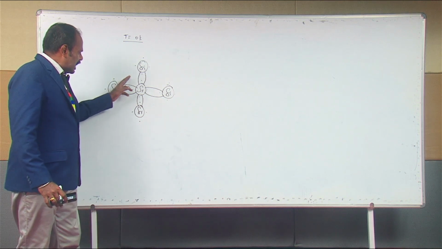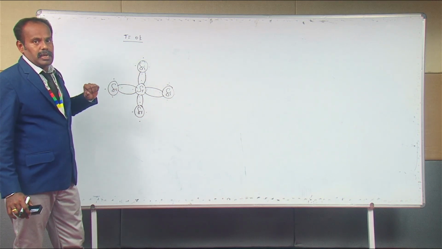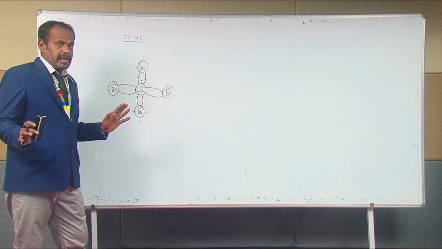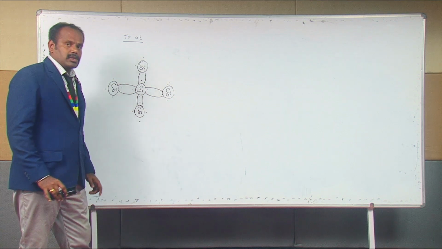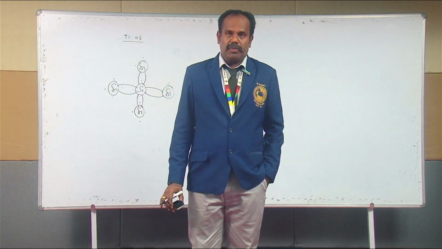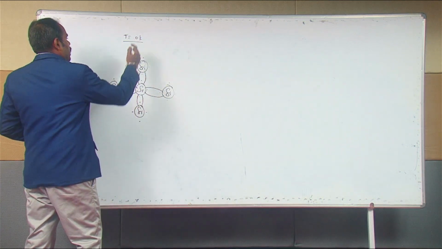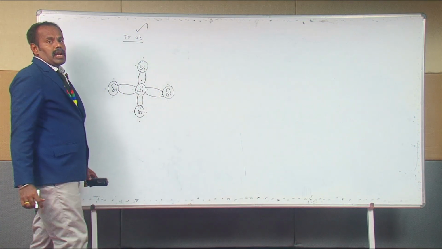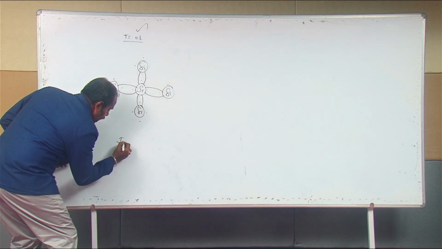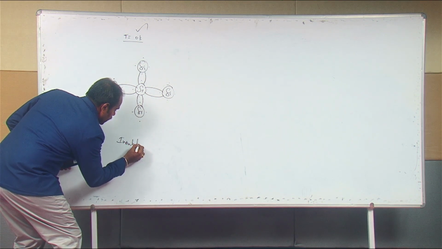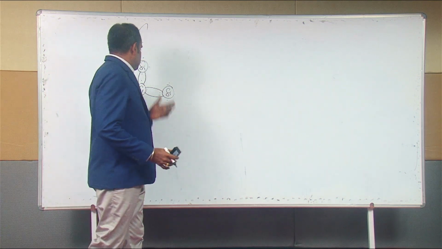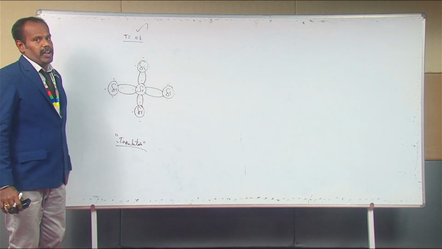You can clearly see from this representation that there are no free electrons available, right? And when there is no free electron, obviously the system is not going to be conducting in nature. That's the reason why we claim that at T = 0 Kelvin, an intrinsic semiconductor behaves as an insulating material, since there are no free electrons available.